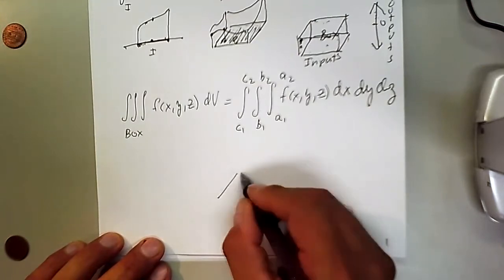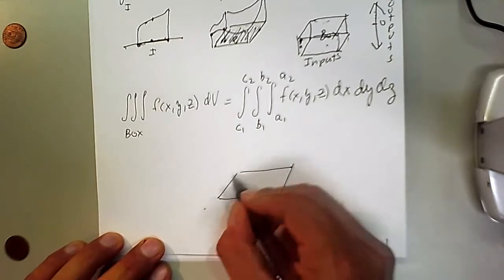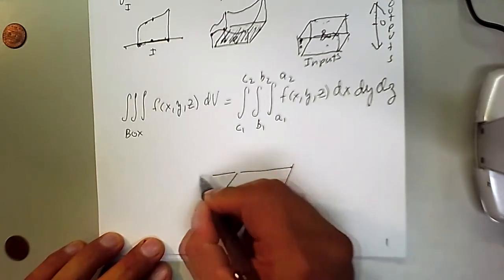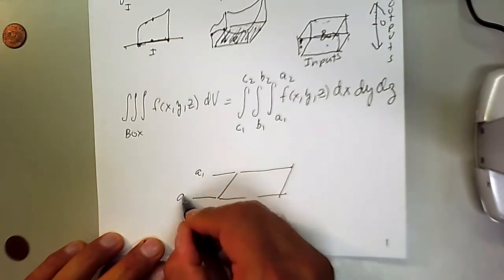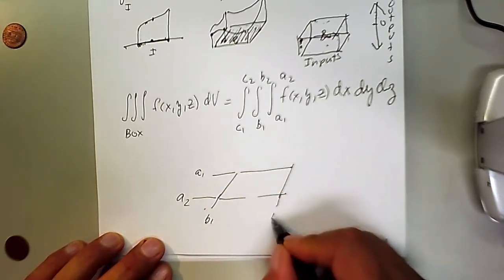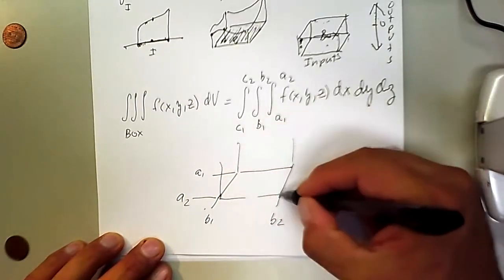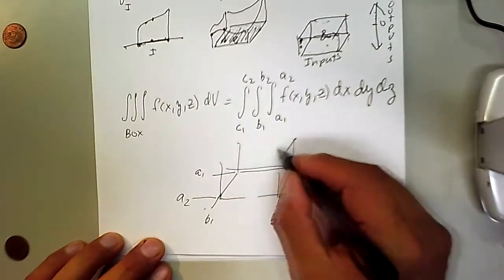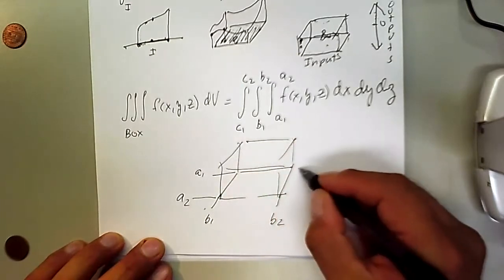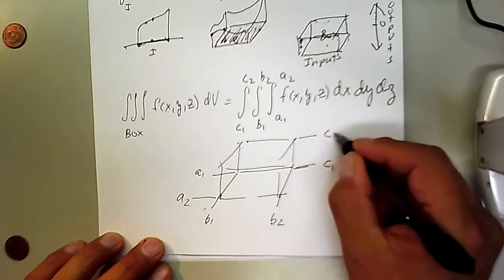So you've got your box. The x's are going to go from A1 to A2. The y's are going to go from B1 to B2. And the z's go from C1 up to C2.